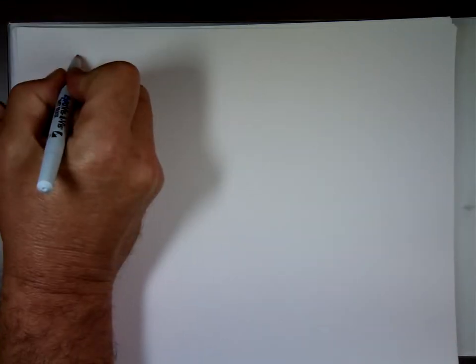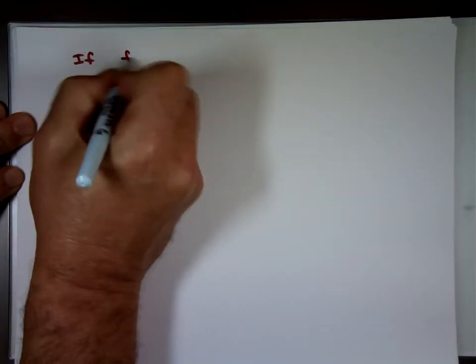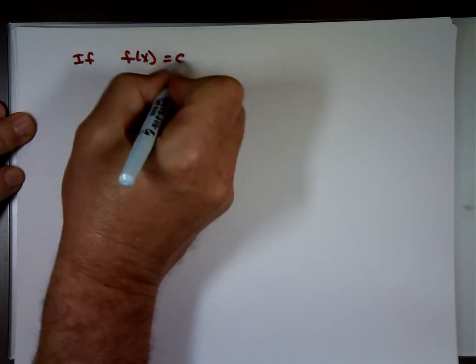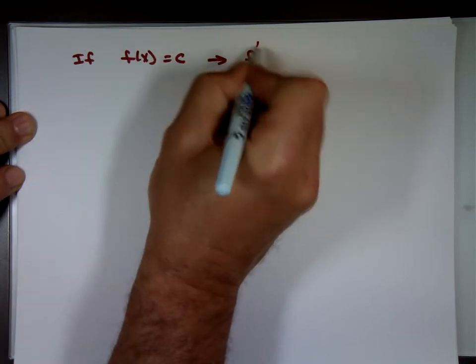The shortcut, we gave you one already. It says, if f of x equals a constant, what's the derivative of that?